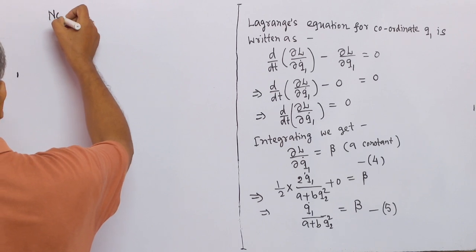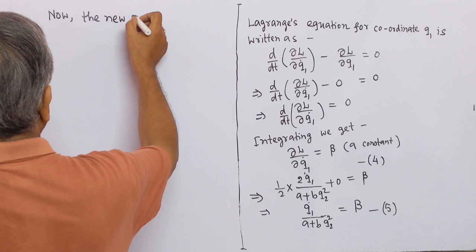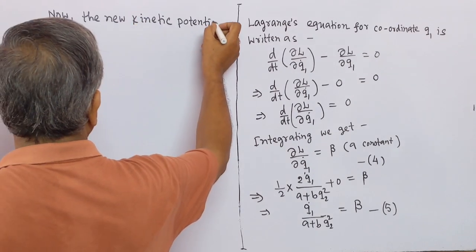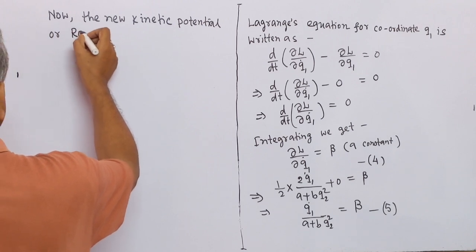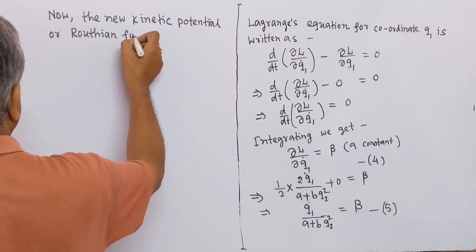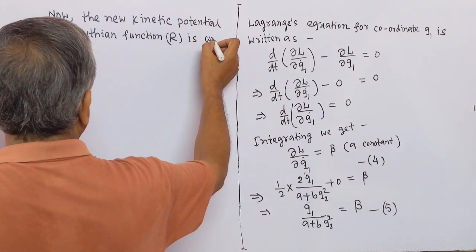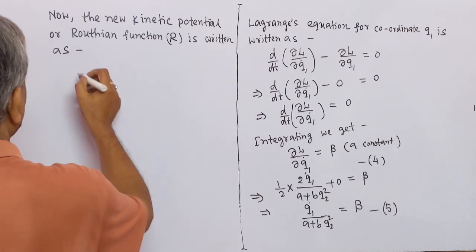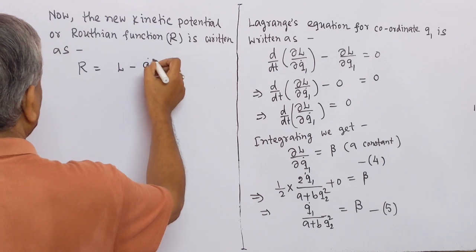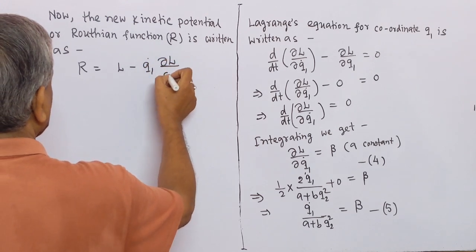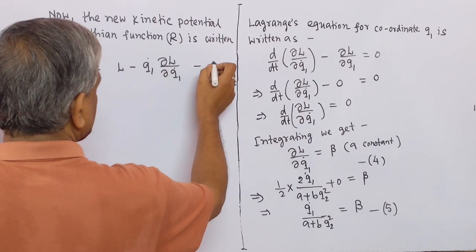Now the new kinetic potential, or Routhian function R, is written as R equals L minus Q1 dot times the partial derivative of L with respect to Q1 dot. This is number 6.